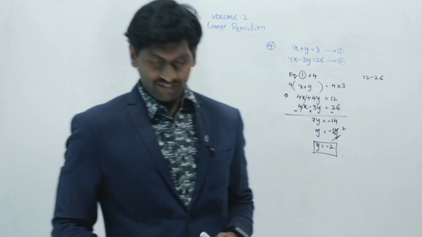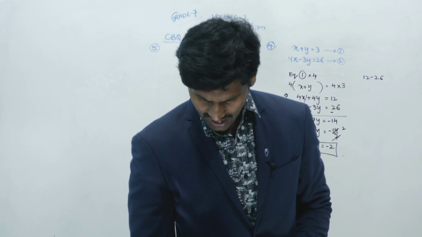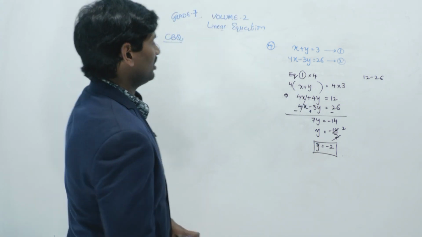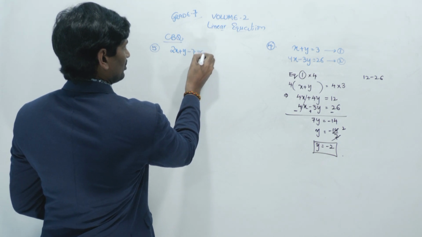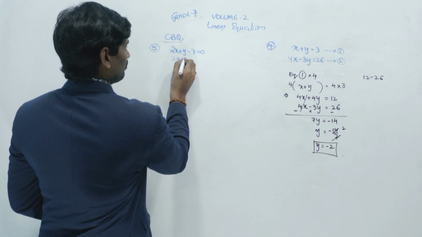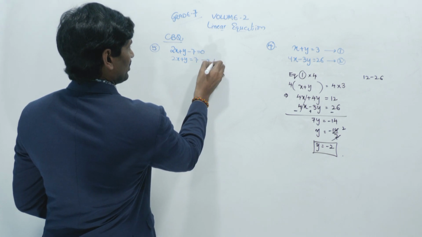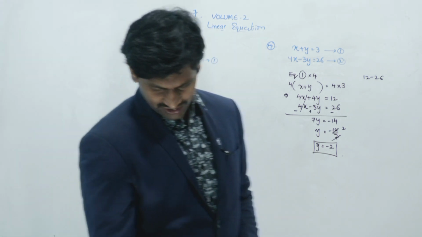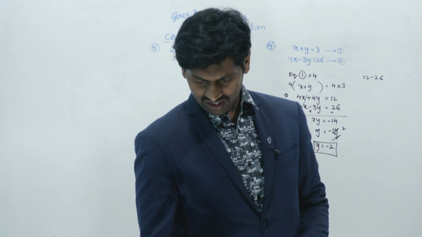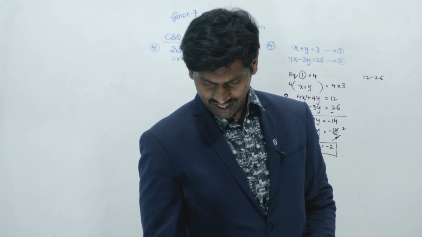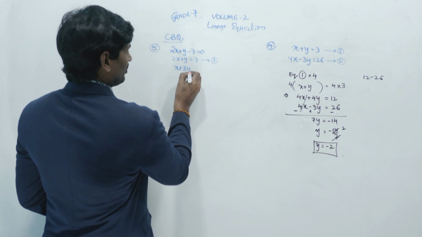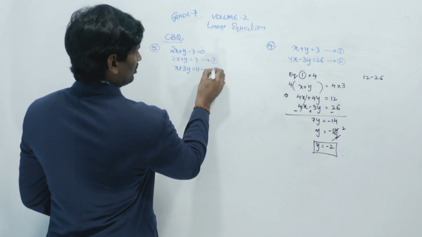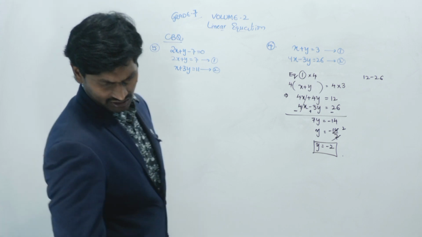Question number 5 says 2x plus y minus 7 equals 0. This we can write as 2x plus y equals 7, equation number 1. Now the second equation is x plus 3y equals 11, equation number 2, and we need to find the value of x.